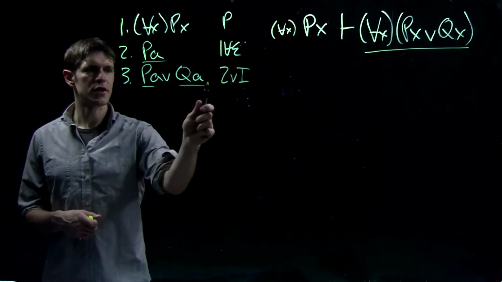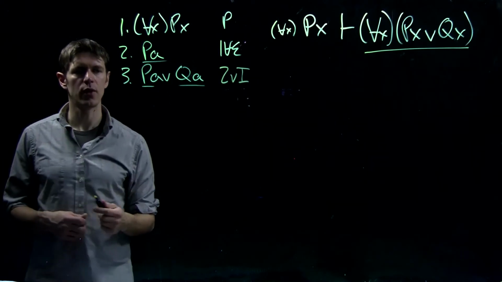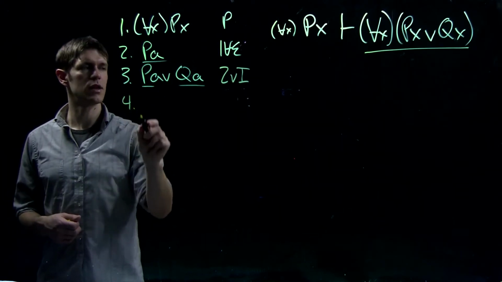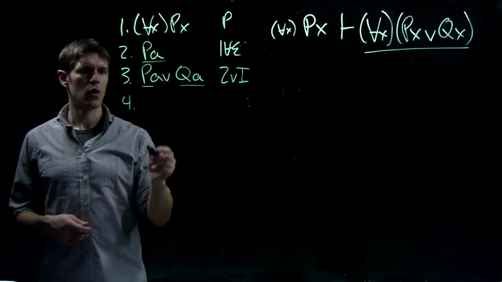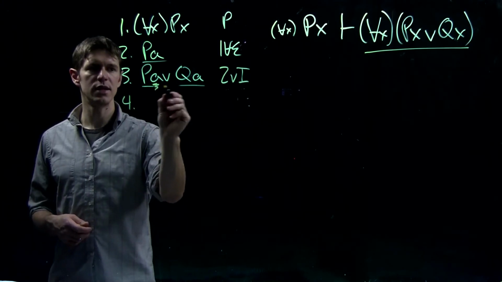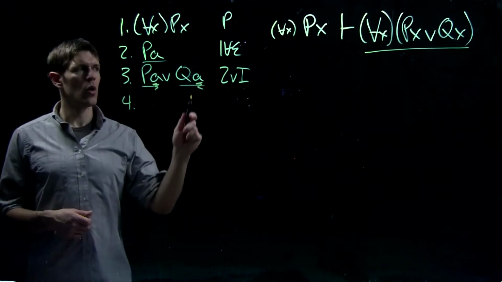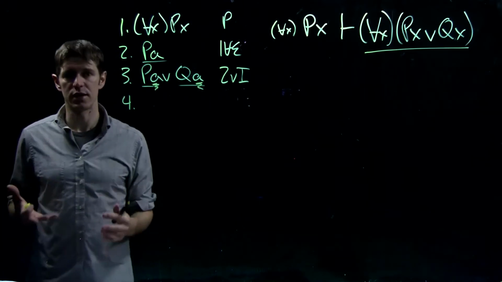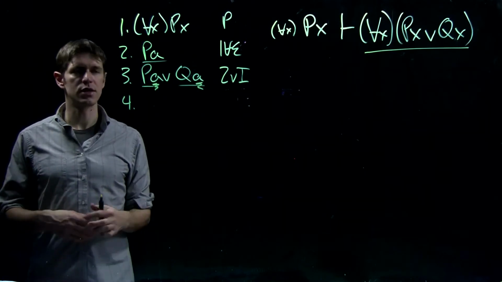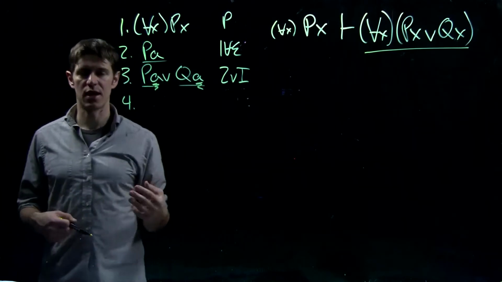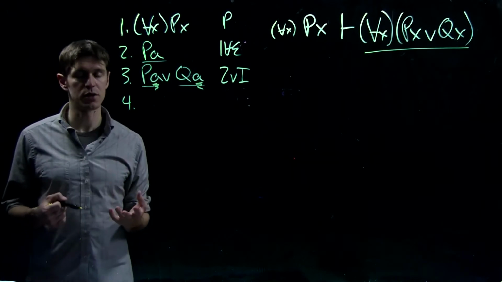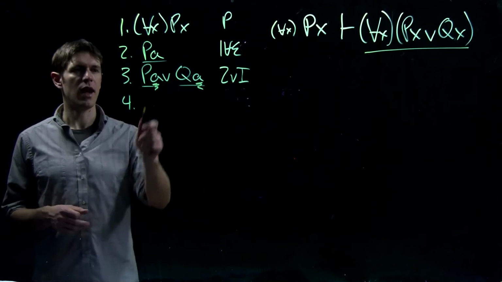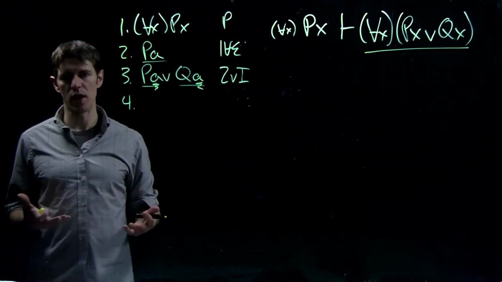Now that I have this disjunction Pa or Qa, I can use the universal introduction rule, which says that I can replace each one of these names a with a universally quantified variable, provided certain conditions are met. And those conditions are things like that the name is not found in an assumption of an open subproof, and a is not found as one of the premises.